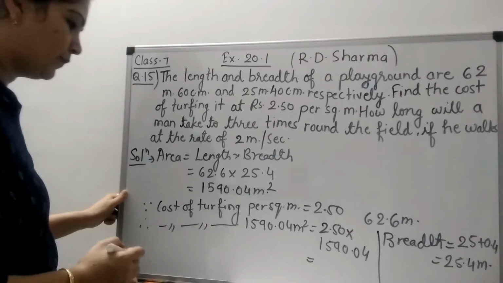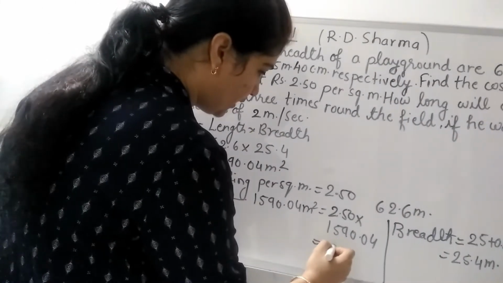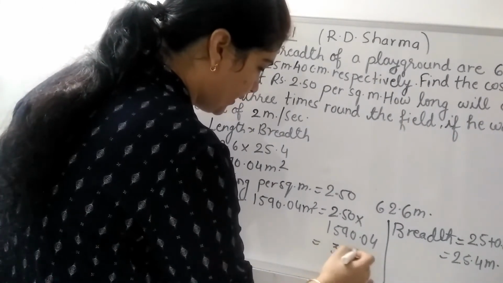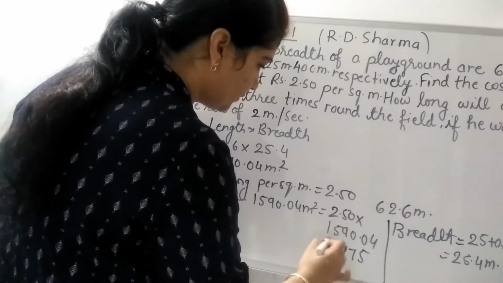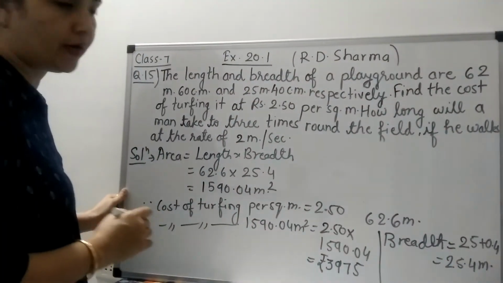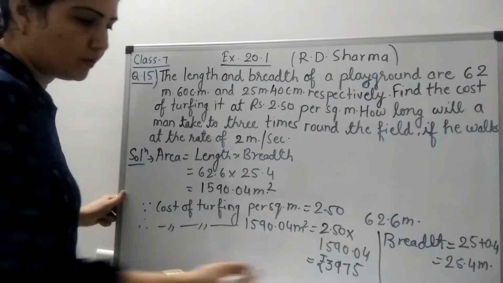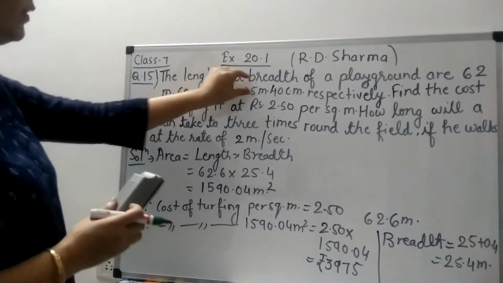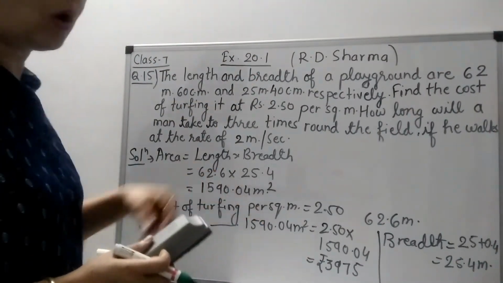When you multiply, you will get 3975 rupees. This is the money that we are finding out. So the unit will be rupees. So here one part we have solved. We have found out the cost of turfing.